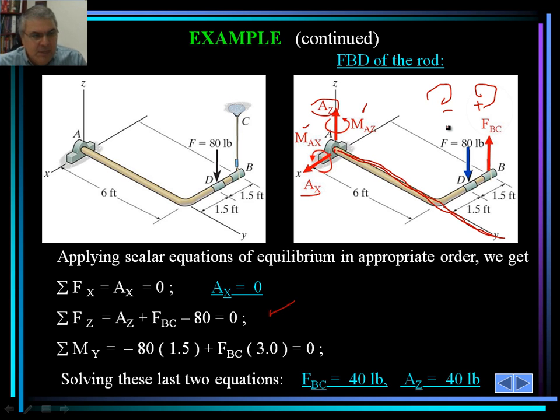If you can see the sense of the moment itself, assume that the Y is fixed. We keep that axis fixed, and we're trying to pretty much rotate this portion BD about the y-axis.